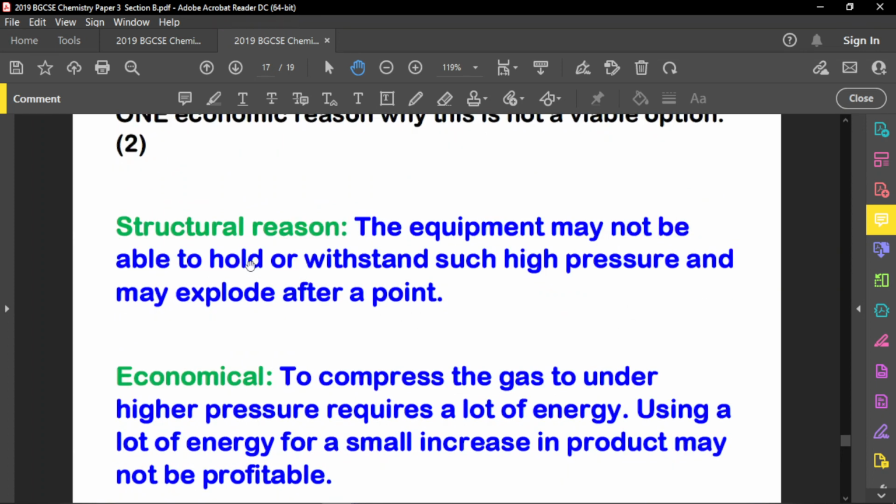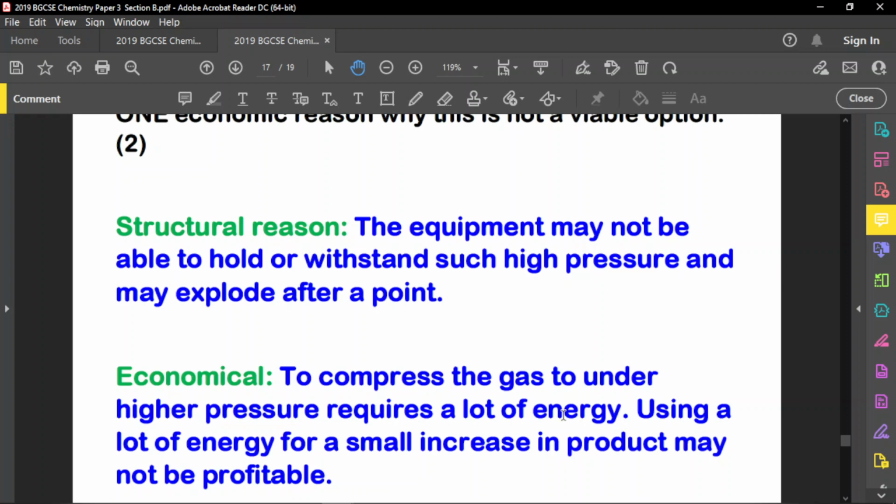And so a structural reason here is because equipment may not be able to hold or withstand such high pressure. And not only that, you may also have an explosion if it cannot contain the buildup of gas within the container. Economically, to compress the gas under such high pressure, you require a lot more energy.